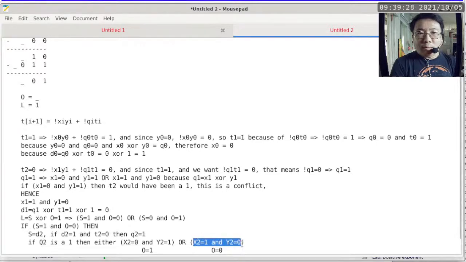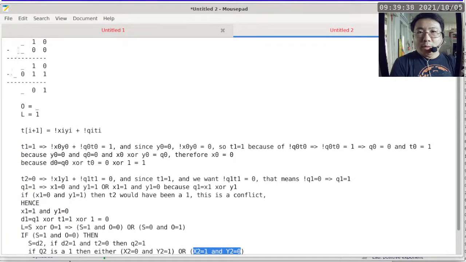x2 equals a 1, y2 equals a 0, and sign is a 1, and overflow is a 0. So we're going to plug in those values. So this goes back to what Ivan just mentioned about, oh, okay, on first try, I got the one that works out. So this is a 0. This is going to be a 1.